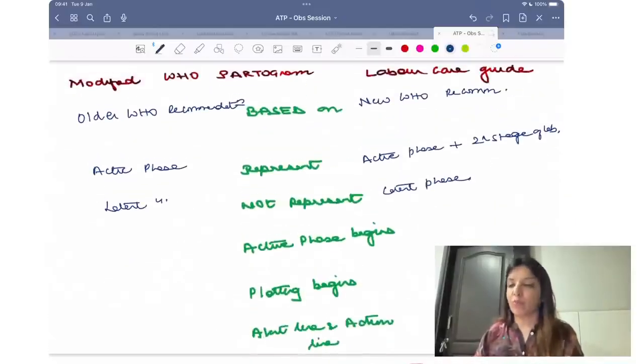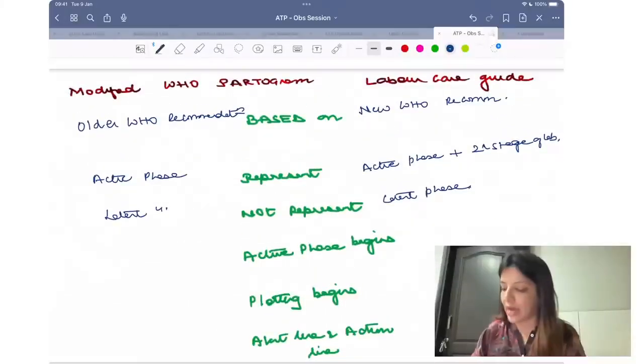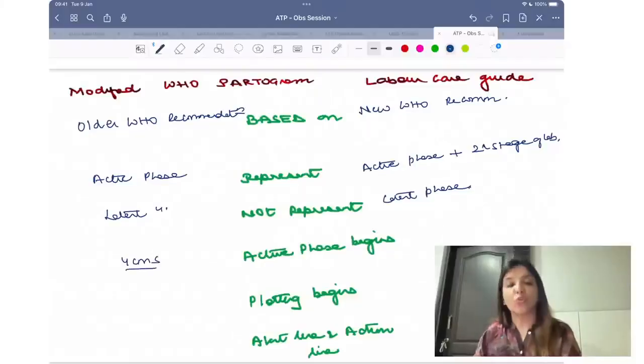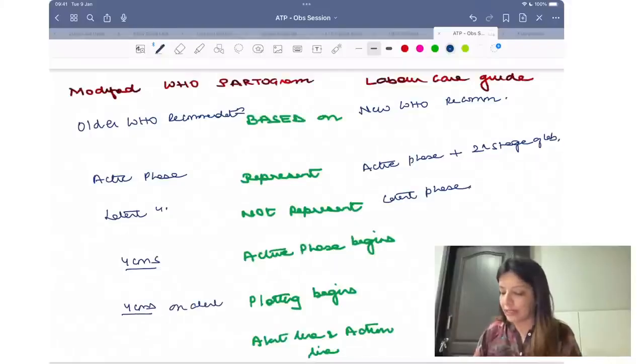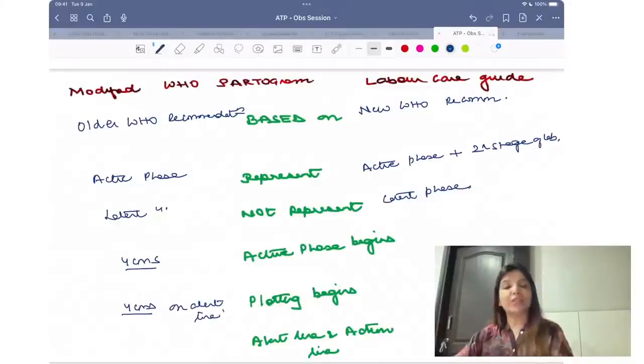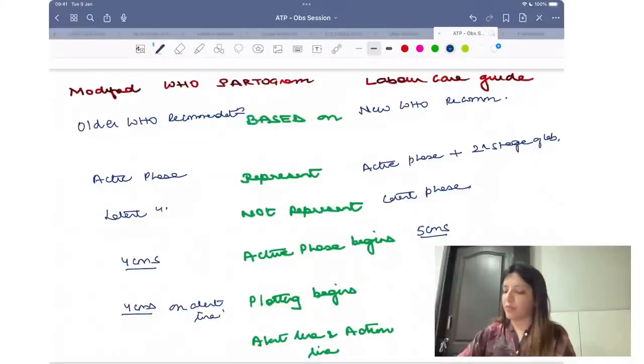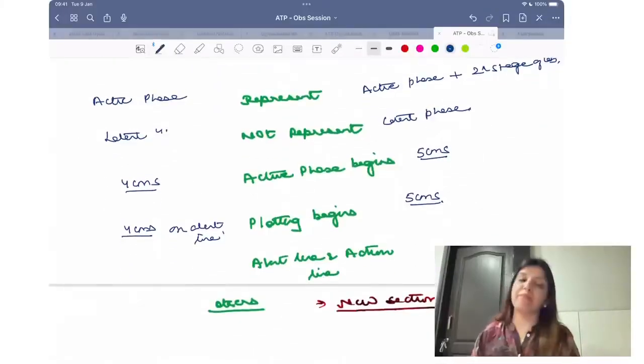In modified WHO partogram, active phase begins at 4 centimeters. So plotting is going to begin at 4 centimeters on the alert line. Right? In case of labor care guide, active phase begins at 5 centimeters. So plotting begins at 5 centimeters. Please remember, in modified WHO partogram, alert line and action line are present.